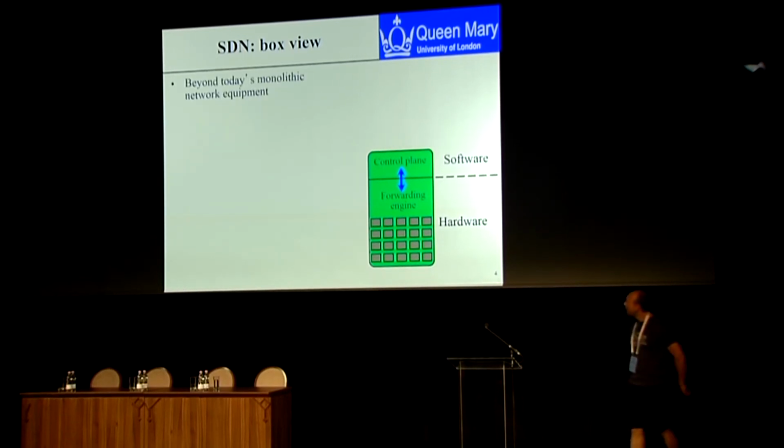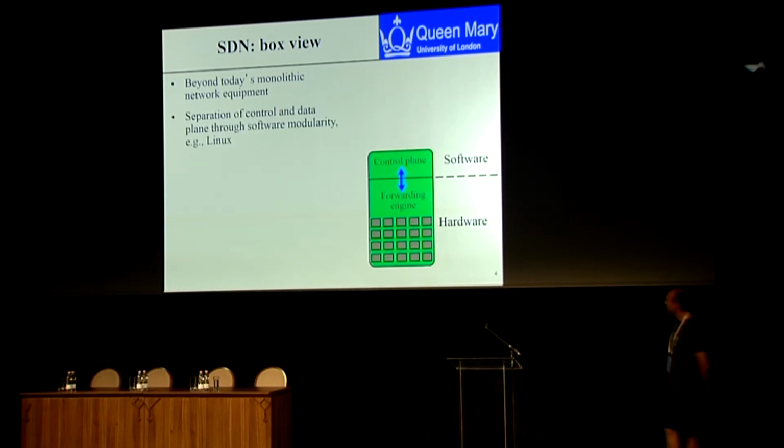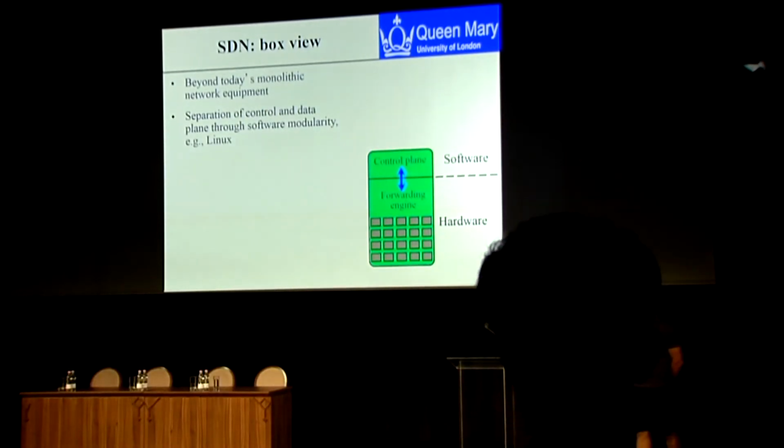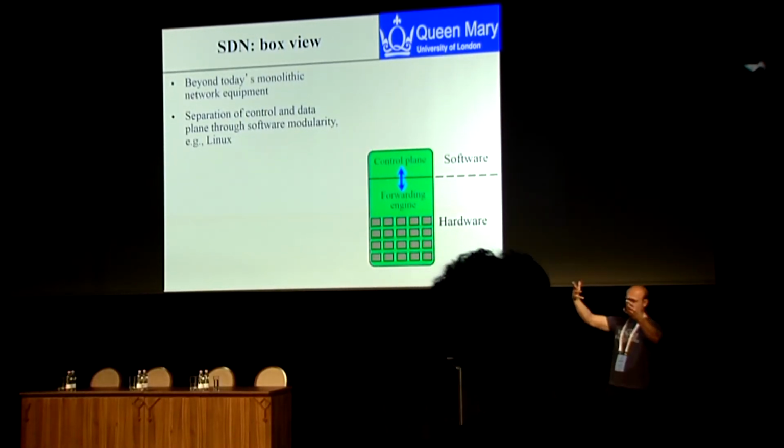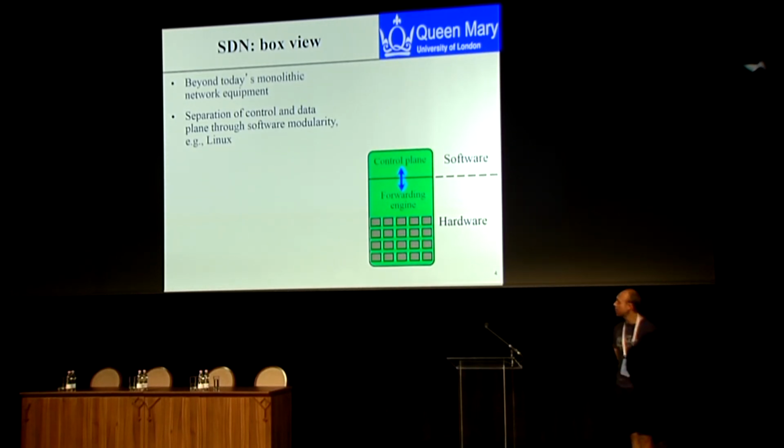So the motivation for SDN is to say that we don't live in a world where everything is integrated vertically. Things are not monolithic anymore, a bit like computers, where, with the appearance of Linux some decades ago, you have a lot of software modularity and a clear separation between the kernel, the top part, and the hardware itself.